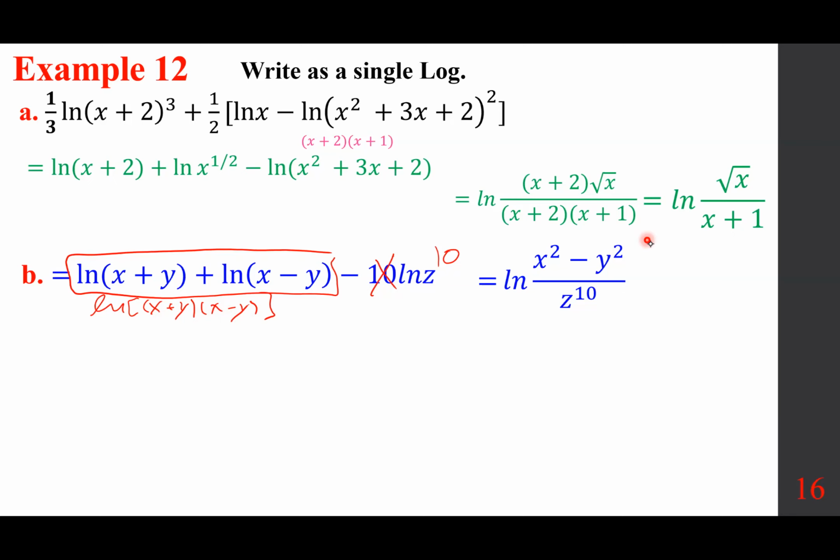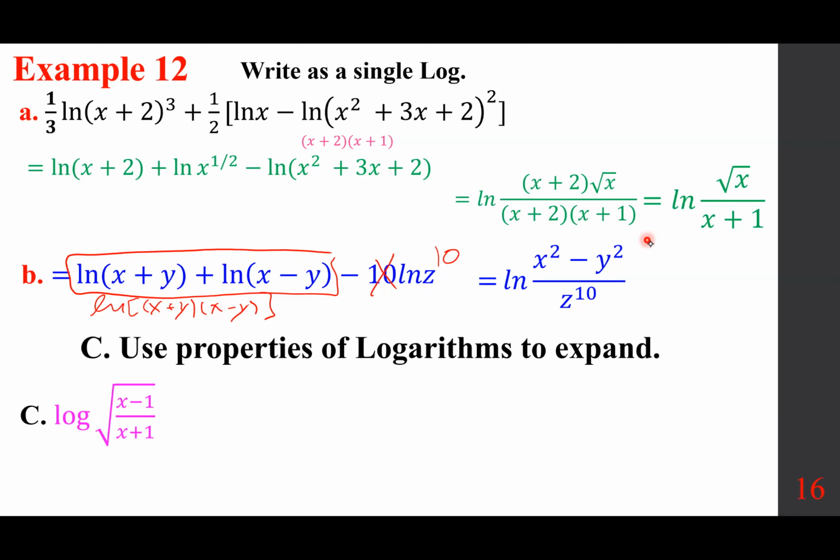Now, what if we want to go the other way around? What if we want to use the properties of logs to expand? Well, notice this square root means this is to the power of 1/2.